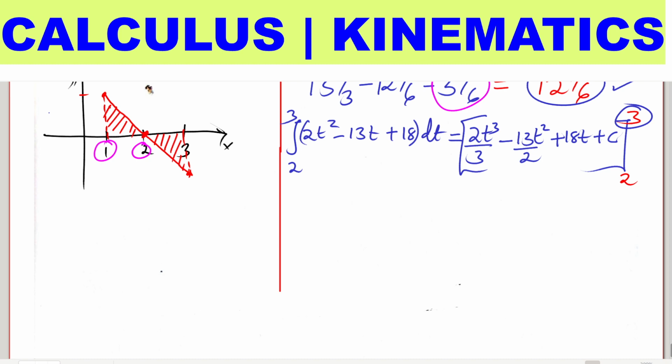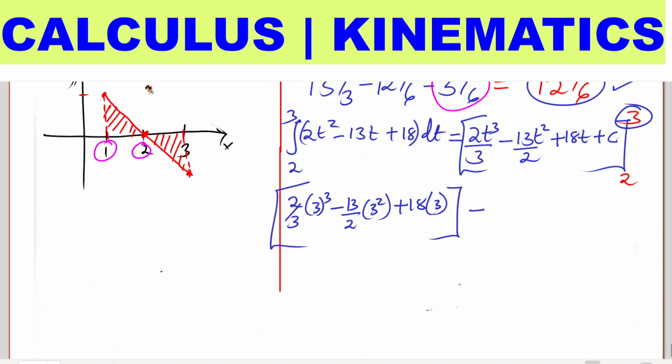So we shall have 2 thirds times 3 cubed minus 13 over 2 times 3 squared plus 18 times 3. We are going to leave out c, because when we subtract, it cancels.